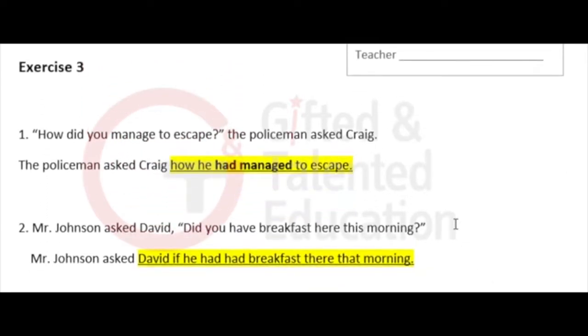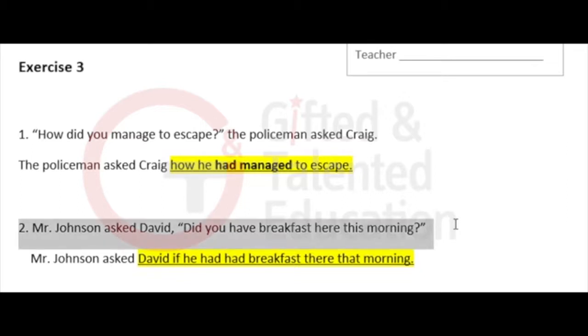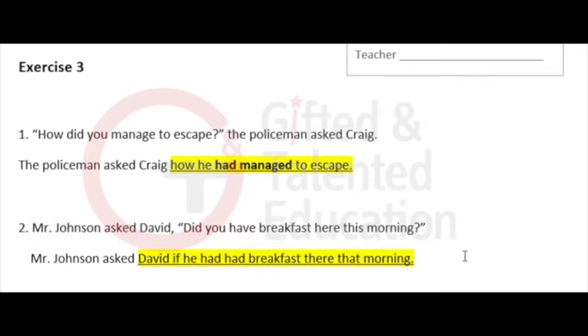Question 2. Mr. Johnson asked David, "Did you have breakfast here this morning?" In the reported speech, Mr. Johnson asked David if he had had breakfast there that morning. Do note the change.